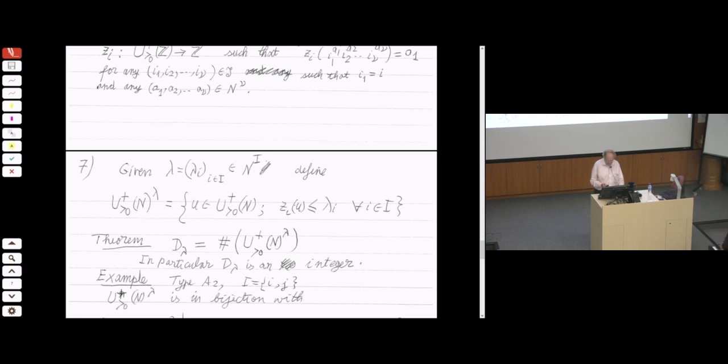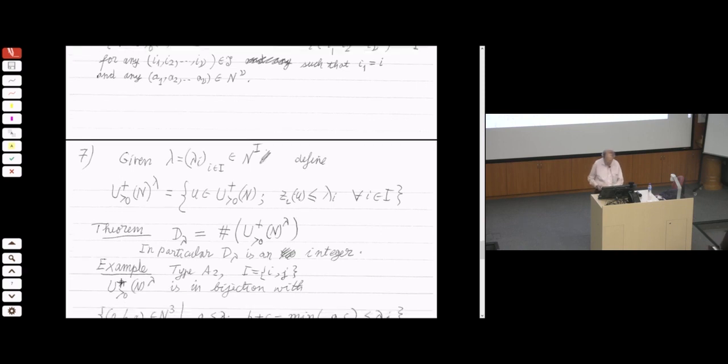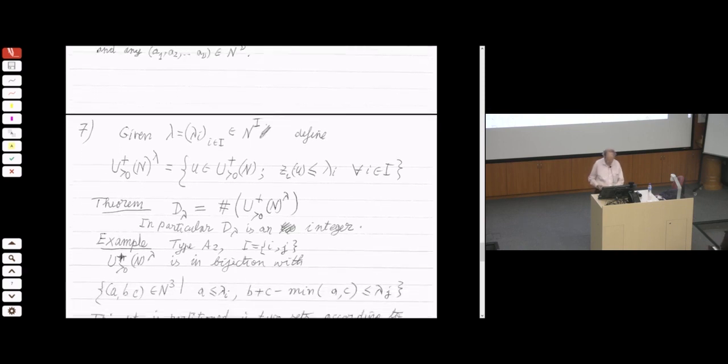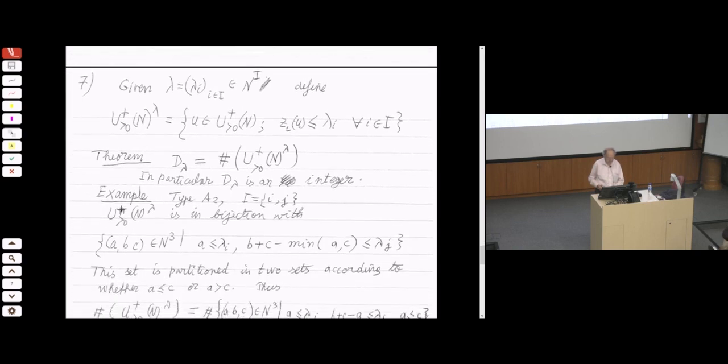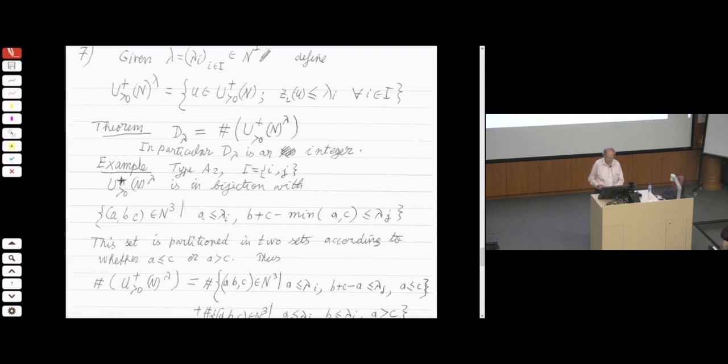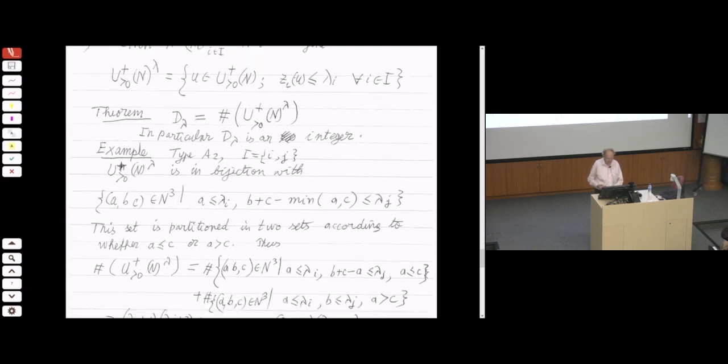So suppose you are in type A2 and the graph has two elements i and j.